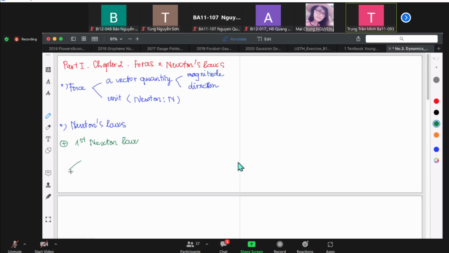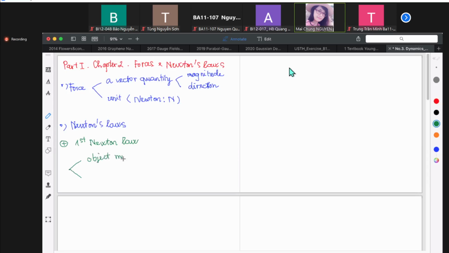So for the first Newton law, we consider objects moving without external forces, right? If the objects move without external forces, there are two cases.